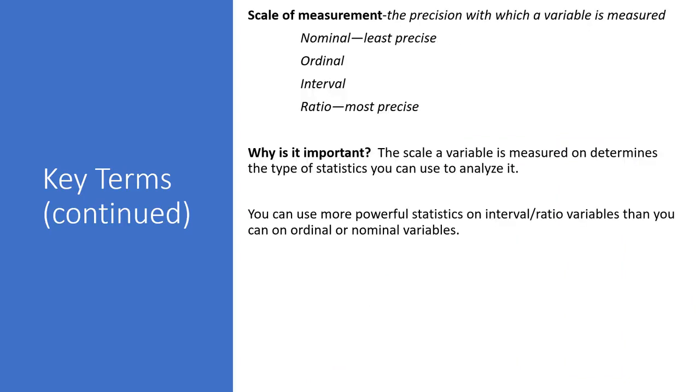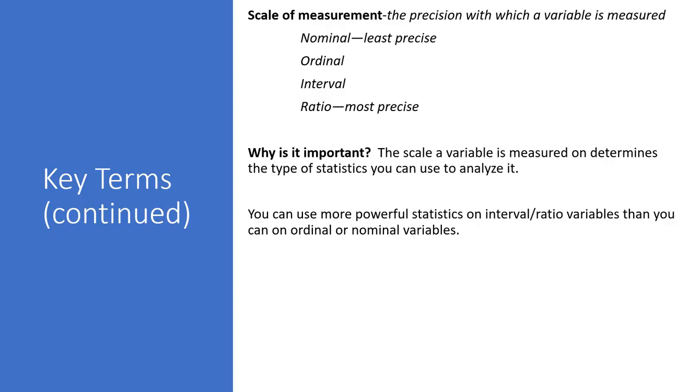Some other key concepts that you need to be aware of are the scales of measurement. When I talk about a scale of measurement, I'm really just talking about the precision with which a variable is measured. We really think about scale of measurement as, really there's 4 different scales of measurement. The lowest scale of measurement, the one with the least precision, is nominal.